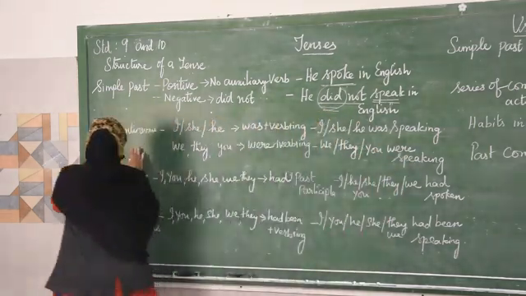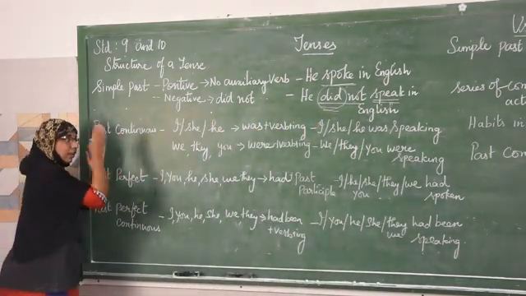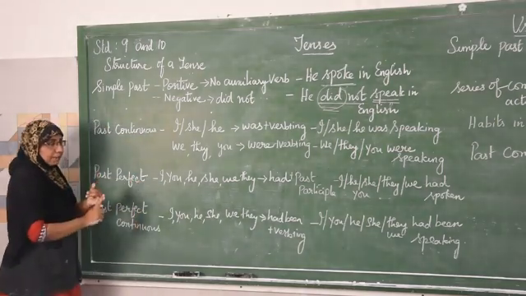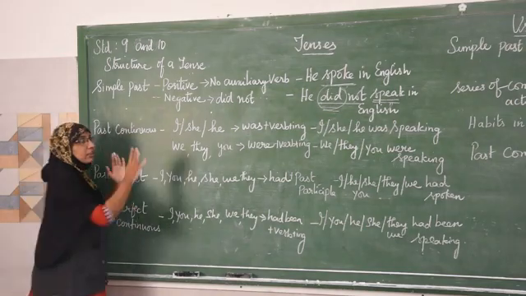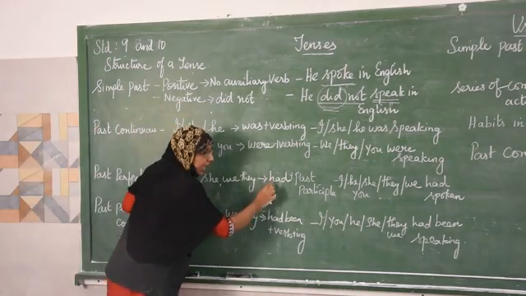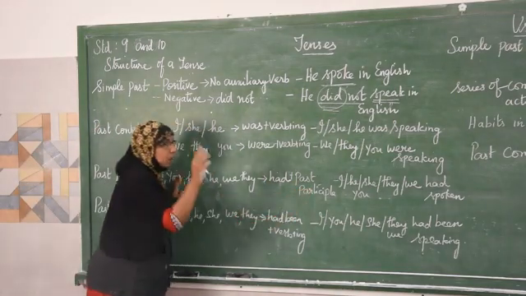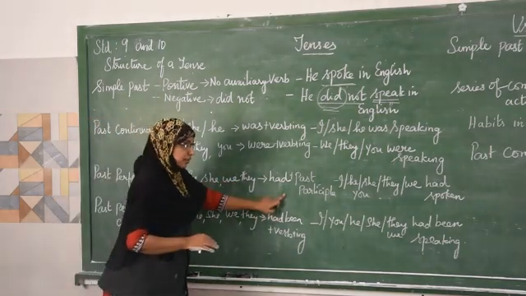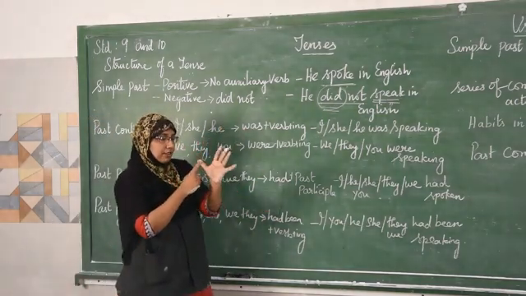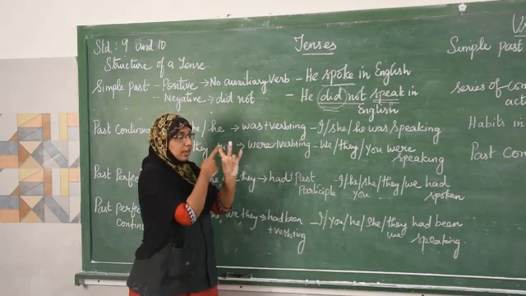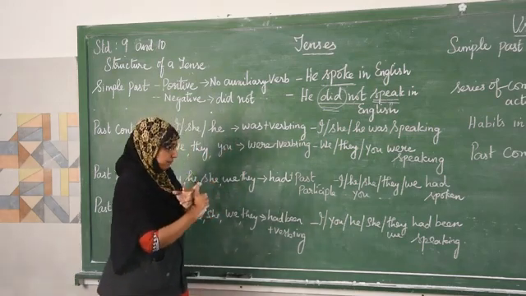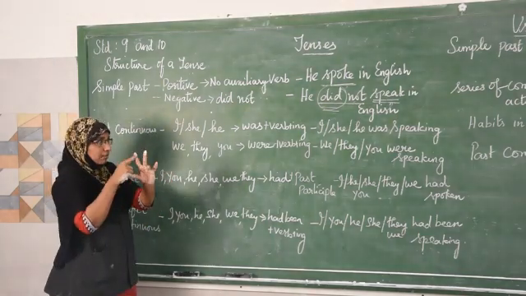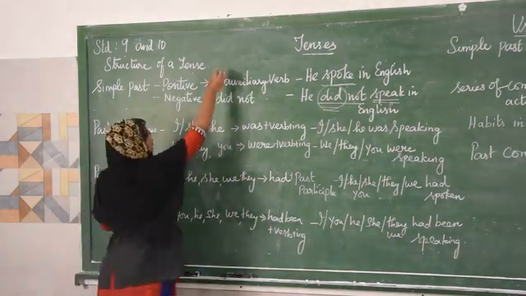Now next one, how to form past perfect tense? Whether it is first person, second person, third person, singular or plural, whatever it is, you have to add had plus past participle. What is the meaning of past participle? Speak, first form of verb. Spoke, second form of verb. Spoken is the third form of verb. Is it clear? First form, second form, third form. Speak is what here?